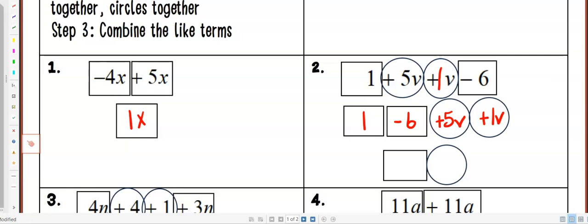All right, so positive 1, negative 6, that gives us negative 5. Positive 5v plus 1v, positive 1v, that gives us positive 6v.